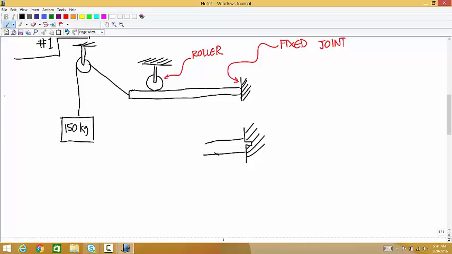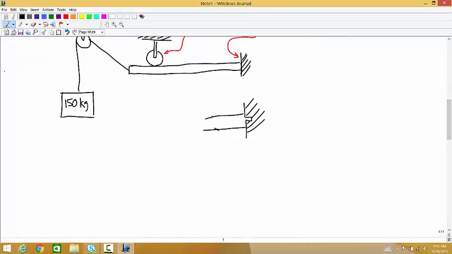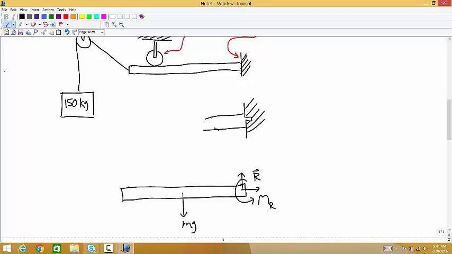So let me just do this problem while it's up here. The fixed joint over here, we know applies a force vector and a couple. I guess this thing probably has weight, so I'll just write that as mg. And then a roller always applies a pushing force toward the chosen body, away from the contacting body, perpendicular to the surface that it's rolling along.